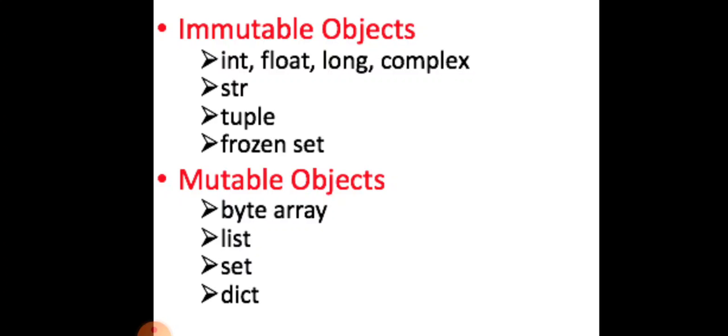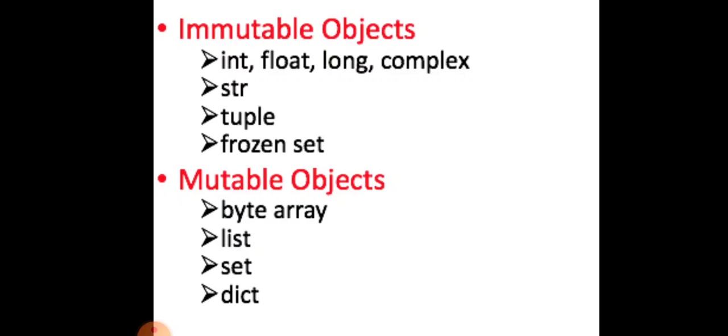Immutable objects are variables or objects whose values cannot be changed after they are created and assigned. If we make an attempt to update the value of an immutable object, the variable gives an error. Or we can say that the variable is destroyed and we have to create a new variable if we want to update the value of that variable.